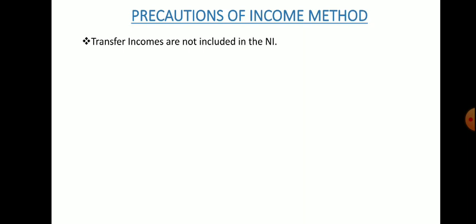If a country donates to another country during a crisis, or someone donates something to another person, this type of income is not included in the national income. Be it the income method, the value added method or the expenditure method, we never include transfer income. That you need to remember always.